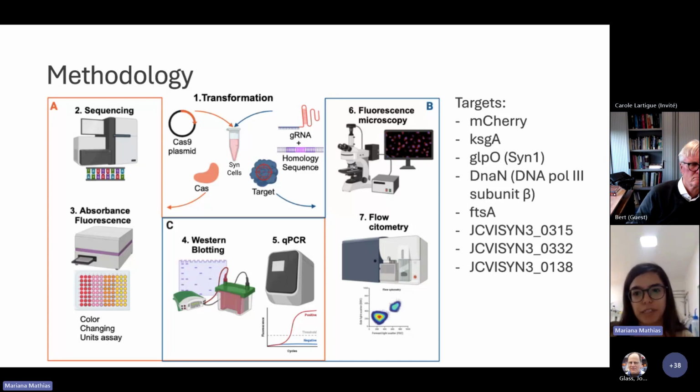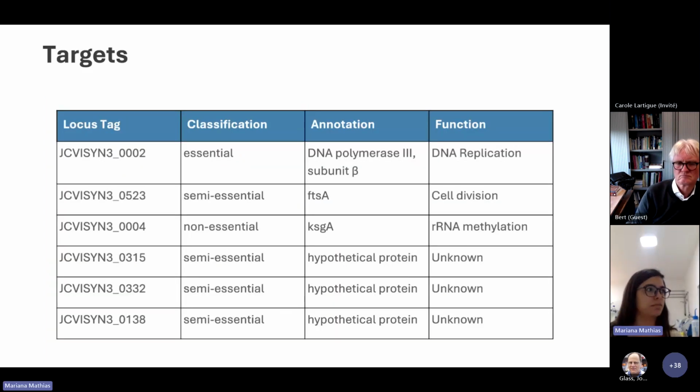So it probably is working. And some genes that we are not sure what they are, and they were chosen just because of the size to see if we have any limitation on the system. So these are the genes that we chose and their classification and what they do.